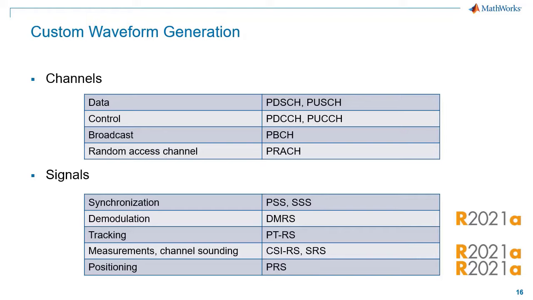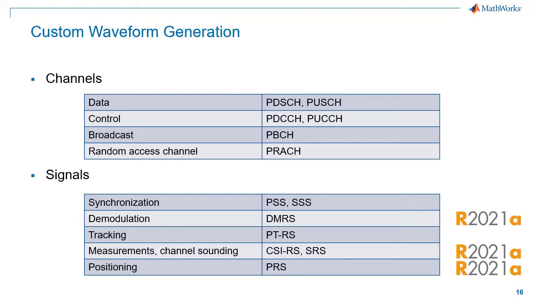When you look at the documentation of 5G, custom waveform is important because there are so many channels and so many signals: the physical downlink shared channel, which is like user data in downlink, the physical uplink shared channel, user data in uplink, control channels for both downlink and uplink, the broadcast channel to connect to the network for the first time, and RACH, the random access channel, to communicate back and forth between the UE and the base station.